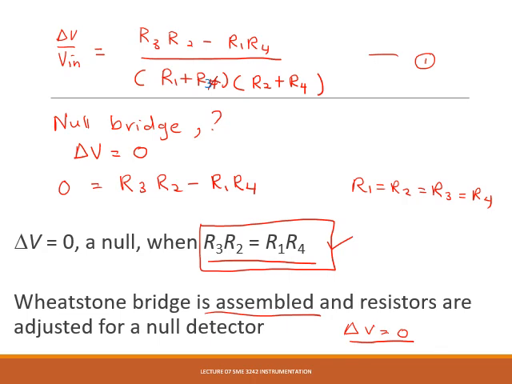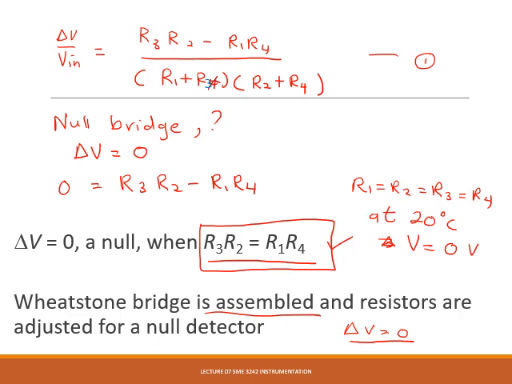So why do we need to design a null bridge? It is because, for example, you have an RTD and you say, okay, let's design the circuit such that at 20 degrees Celsius you want to get a voltage equal to 0 volt.